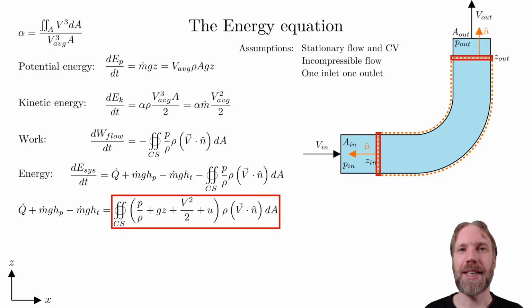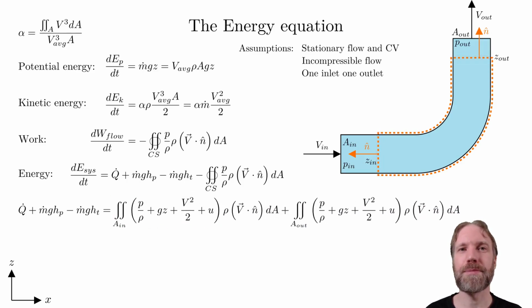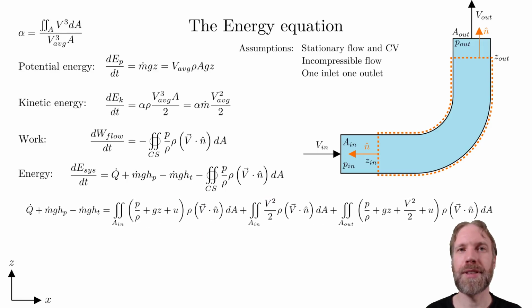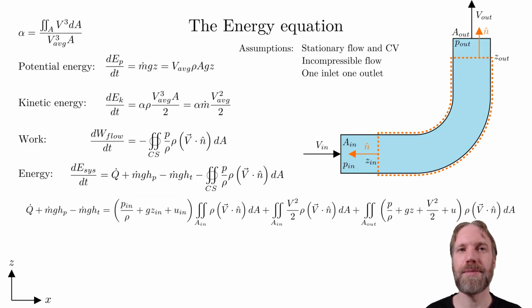This assumption can be used to divide the surface integral into one integral for the inlet and one for the outlet. Let the flow velocity have its own integral. We can assume that this term is constant and place it outside the integral. I have added the index in on all variables here to show that we use the values for the inlet.